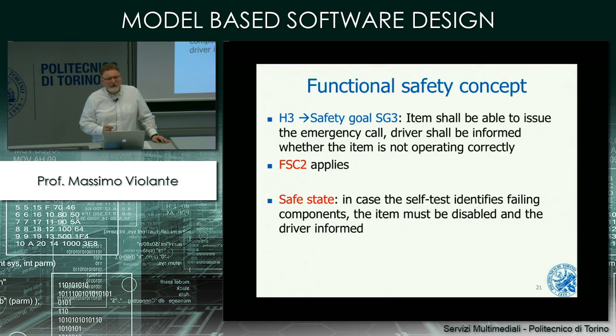So what's relevant here? In this exercise, the operational situation is very relevant. You have an example of a non-trivial operational situation. I remember when I gave this exercise at the exam, there was really a disaster in the results of the students, because this is a non-trivial example.